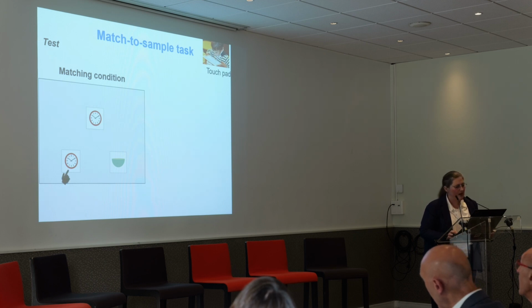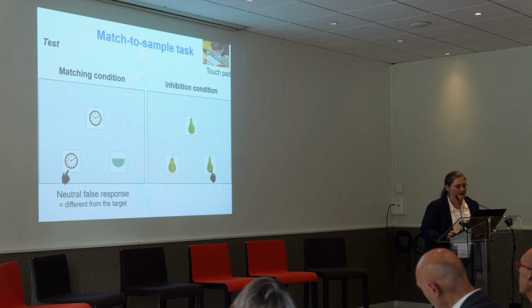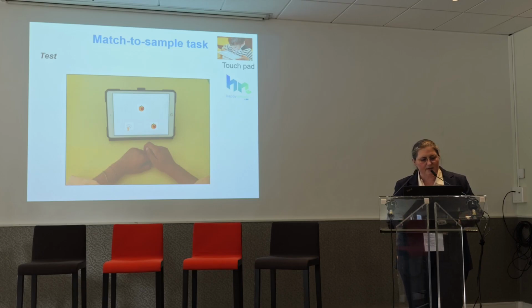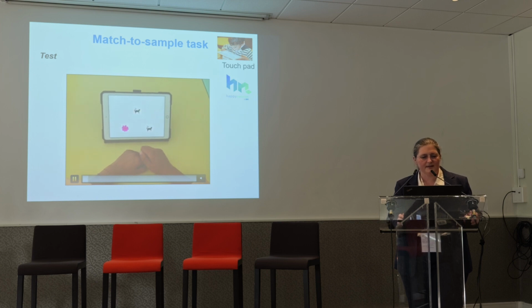The matching condition, when the neutral response is totally different from the target, and the inhibition condition, when the false response looks like the target, so you have to inhibit the similarities. Here it comes with pictures that we designed in order to be able to use them without any problem.